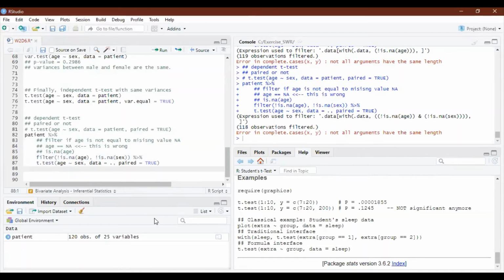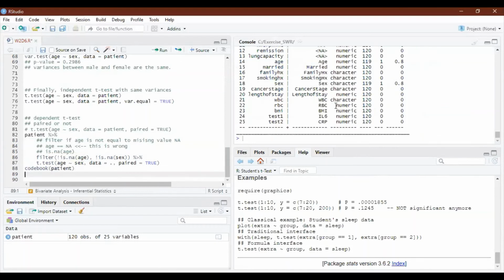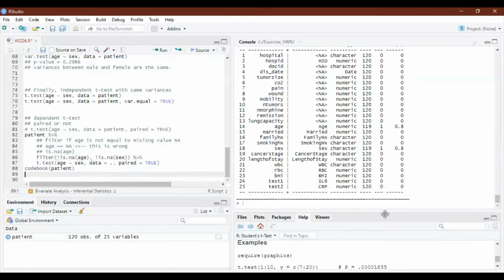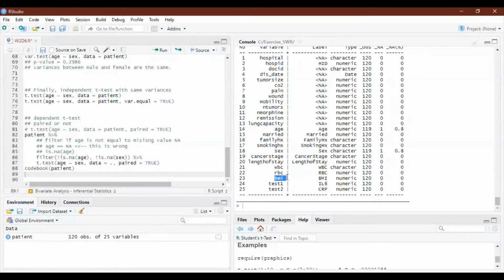I wonder if we have other variables that we can use. Let's look at it. Do we have other variables that we can use? Okay, what about BMI? I think age is not working because of the missing value.